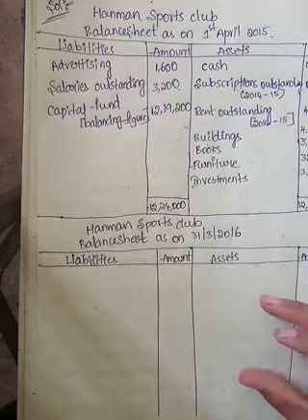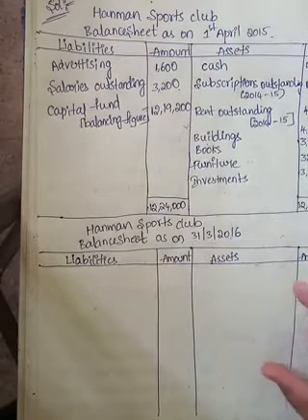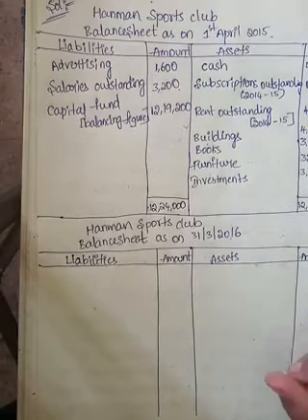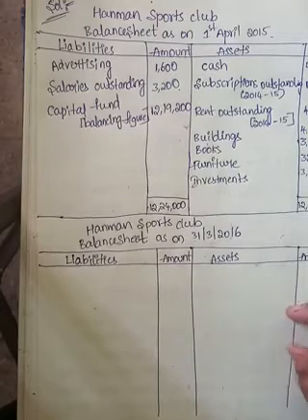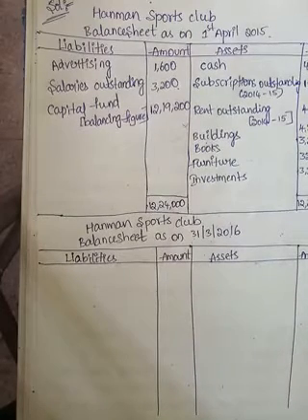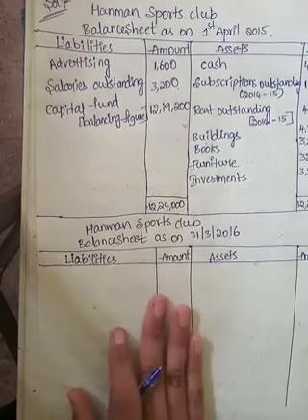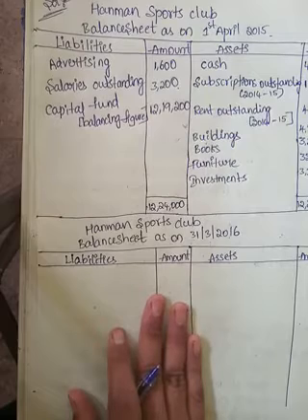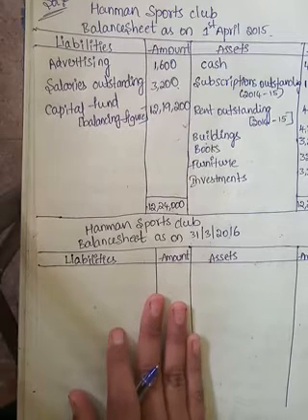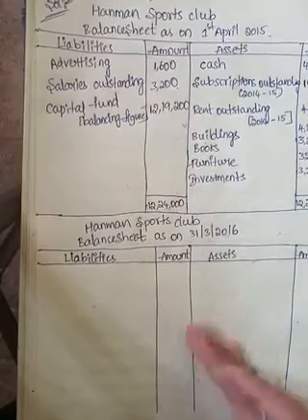Here we'll take the depreciations, additions and outstandings. To the capital fund we add any surplus, or if there is any deficit, that will be deducted, and any outstanding expenses, any interest received in advance, like that will be taken here. Next, first it will be buildings.